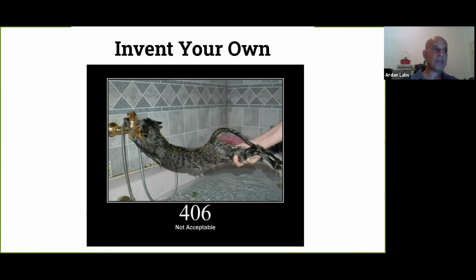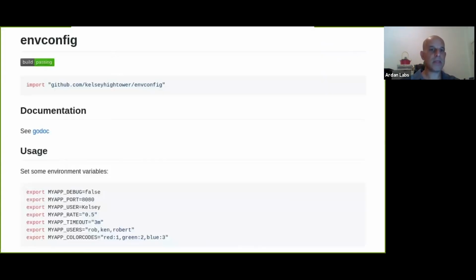And sometimes it happens even without thinking. So here's a library called event config, which basically takes configuration values and puts them inside a Go struct, and it supports several types. So if you see at the bottom there, it supports Boolean values as false or true, and integers as 8080. But then when we get to the bottom two, he invented his own format for lists and maps.